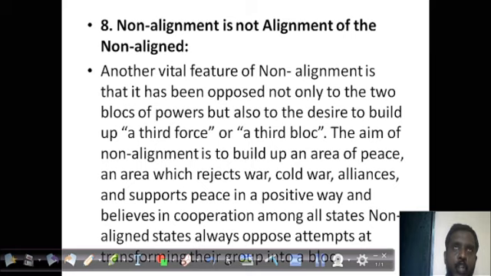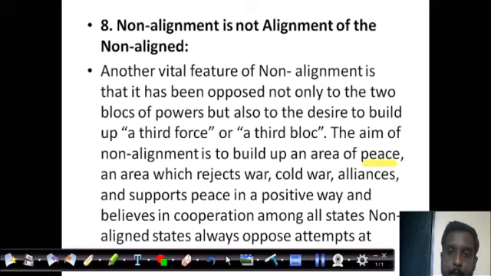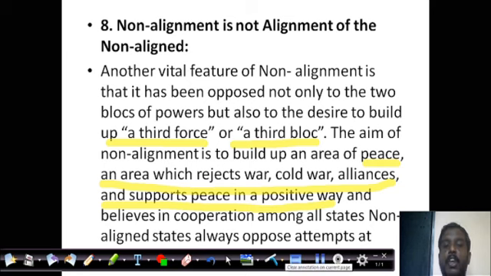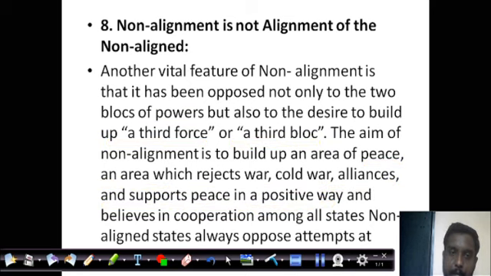He said that this is not a power block. The aim of non-alignment is to build up an area of peace, an area which rejects war and Cold War alliances and supports peace in a positive way. And it is not a third force or a third block. This is one of the major prominent features of the non-alignment movement.